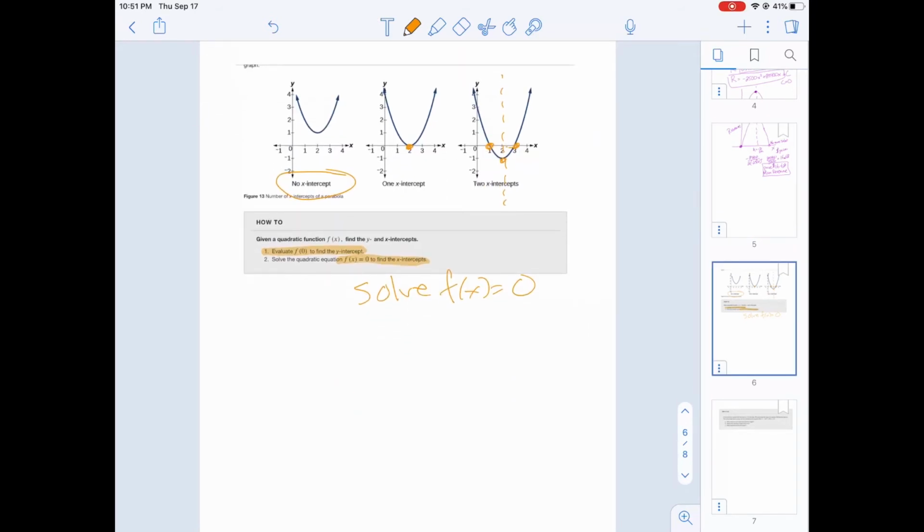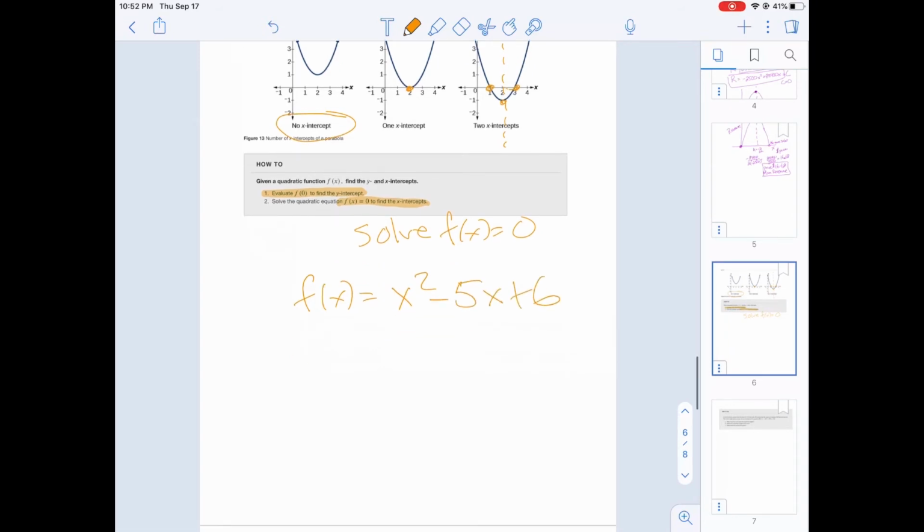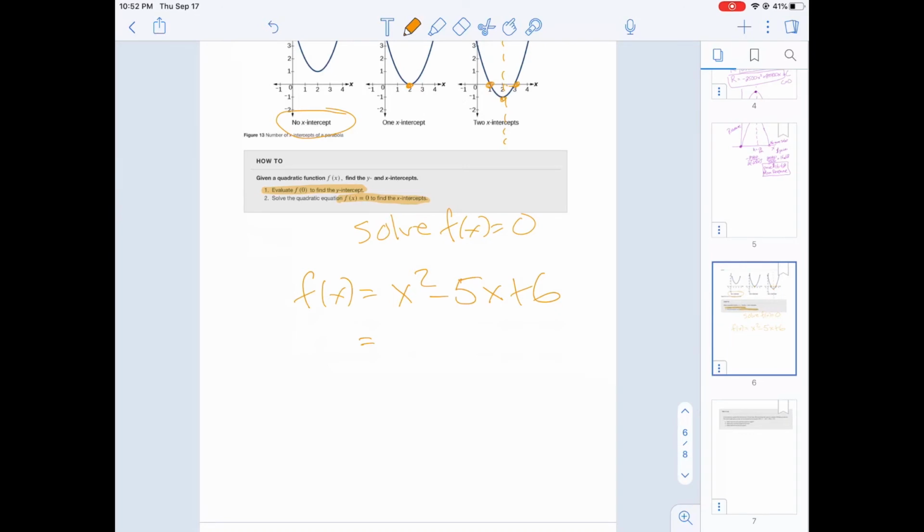So how do you solve these? Well, you have to set the function equal to 0 and factor. So let's do f of x equals x squared minus 5x plus 6, for instance.